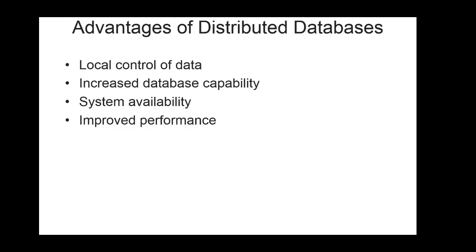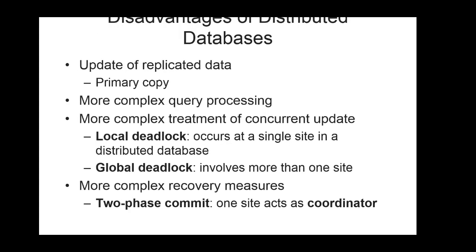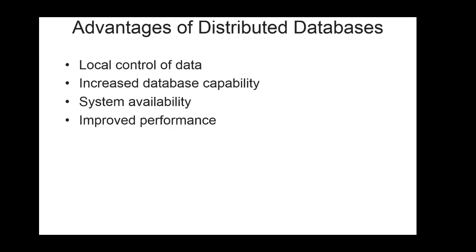Another advantage is increased database capacity. In a properly designed distributed database, increasing system capacity is normally simpler than in a centralized database. If the size of a single disk at a single site becomes inadequate for that database, we need to increase the capacity of the disk only at that site.